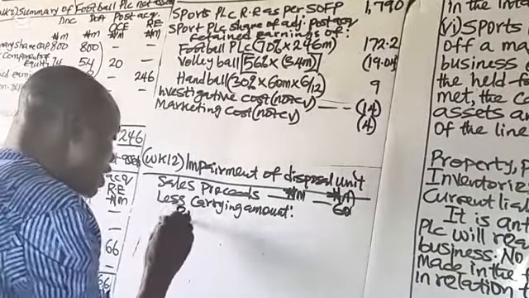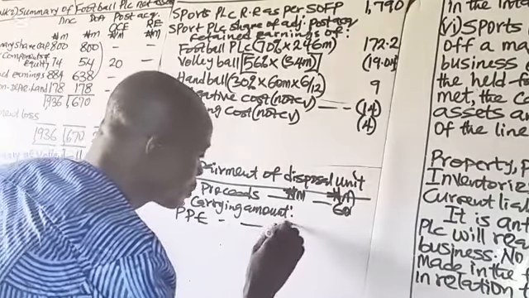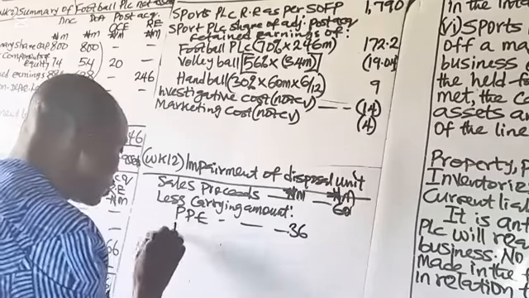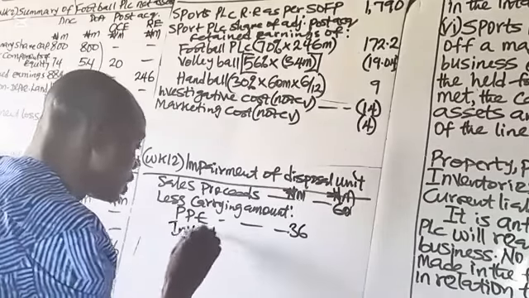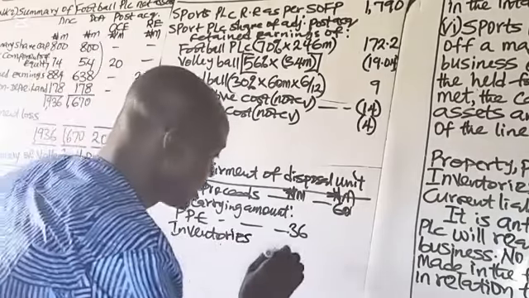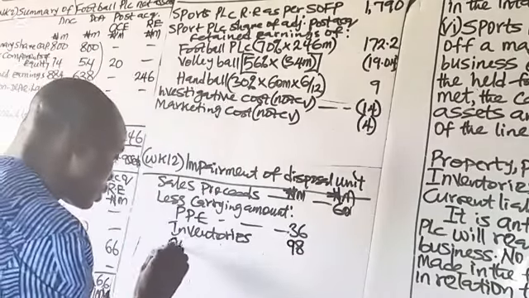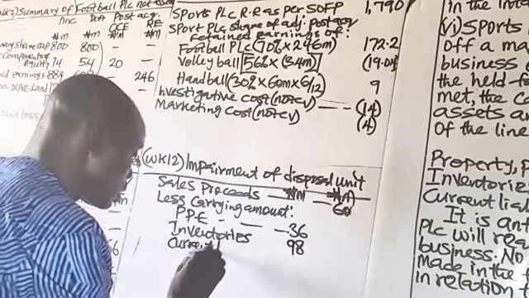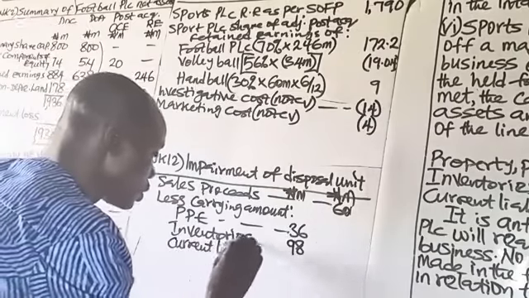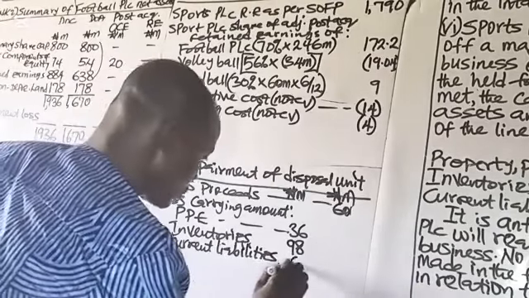PPE of 36 million, inventories of 98 million. Then we also have current liabilities of 6 million.